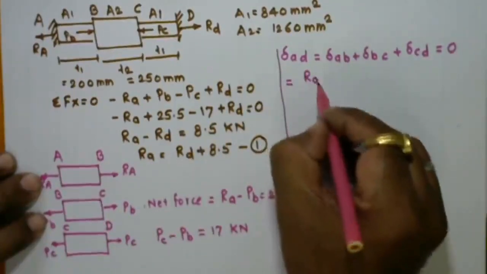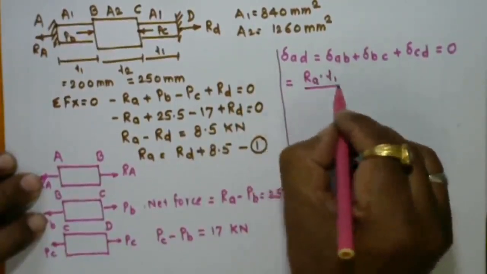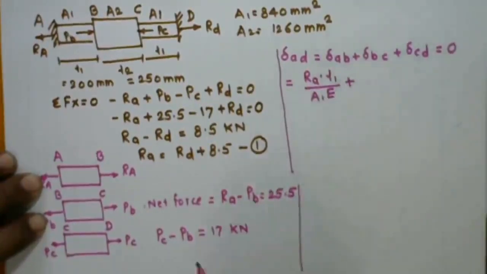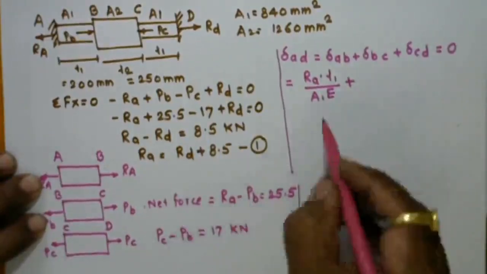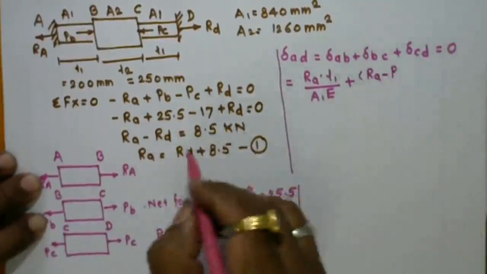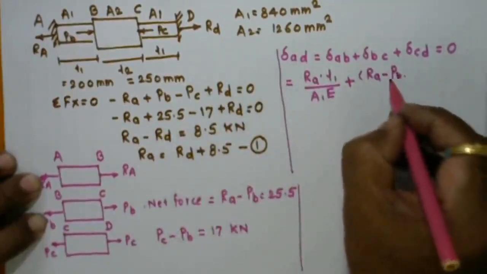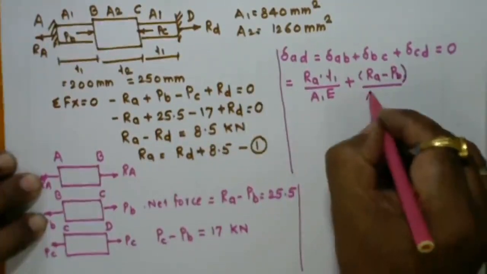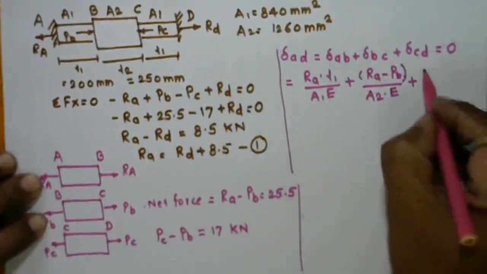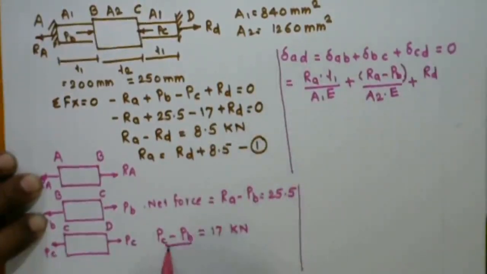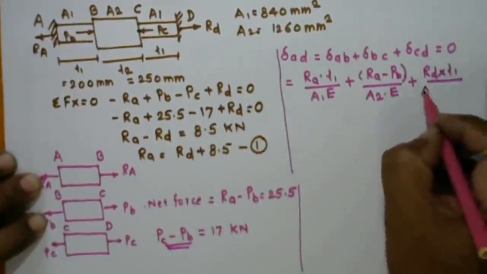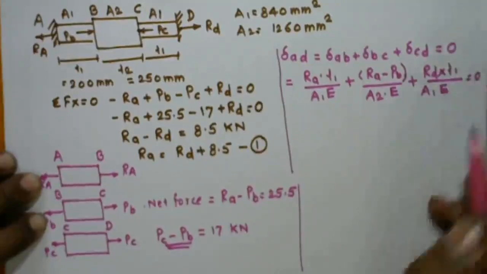So here instead of P we put RA into L1 upon A1 E, E remains constant, plus delta BC, net force acting at point B, that is RA minus PB, divided by A2 into E, plus the third section where force RD is acting, RD into L1 upon A1 into E is equal to 0.